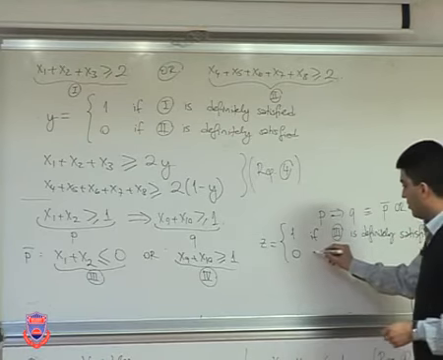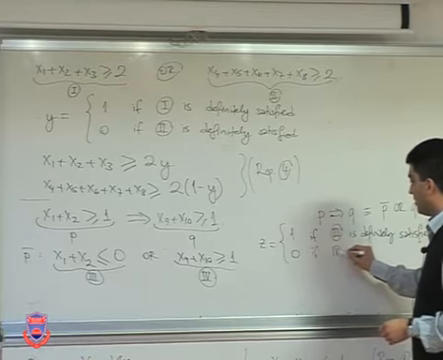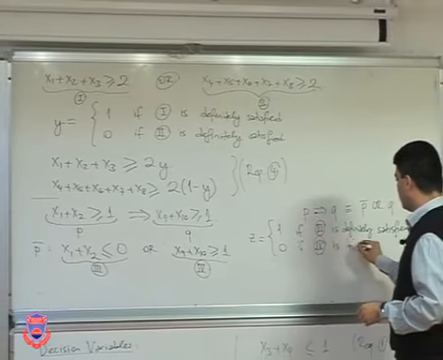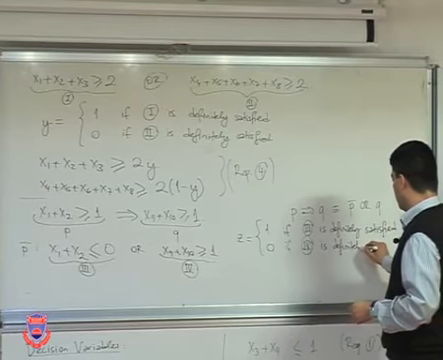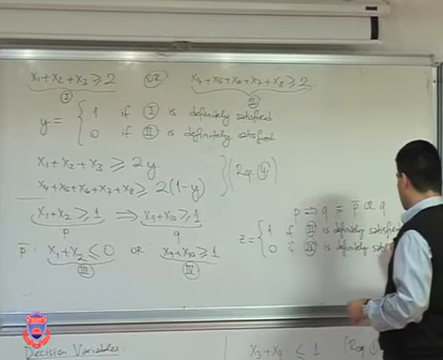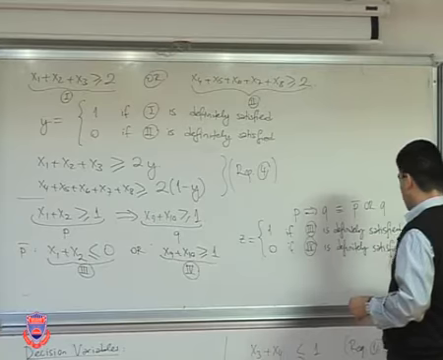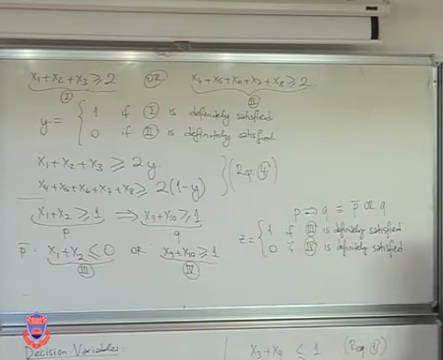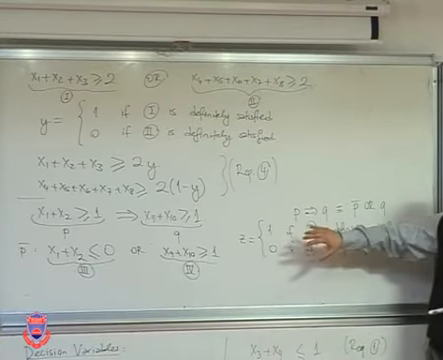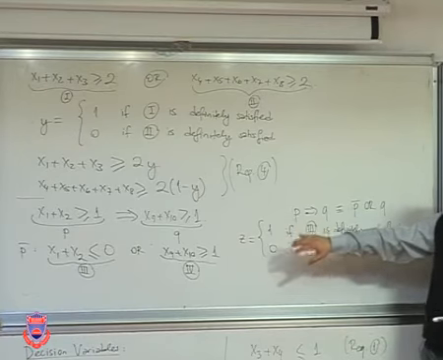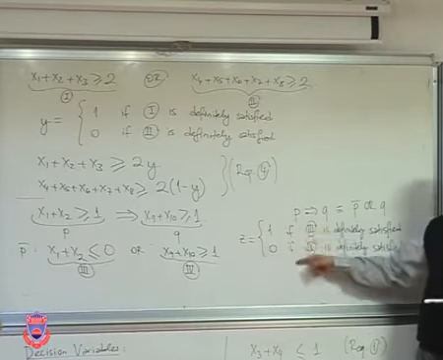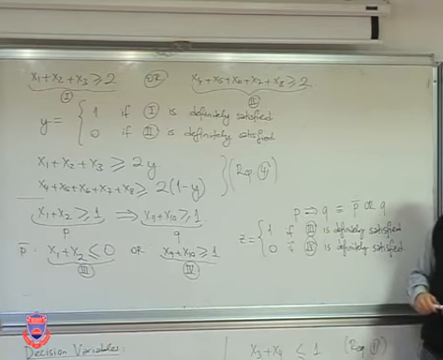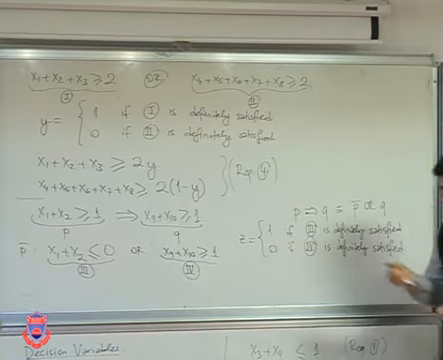And it's going to be equal to 0 if 4 is definitely satisfied. Now I need to write down the constraints. I need to relate 3 and 4 to my new variable z. Okay. So let's just do it as a sort of new exercise.